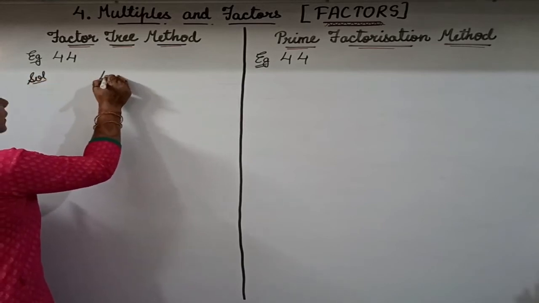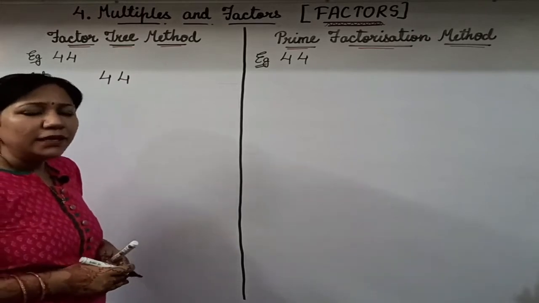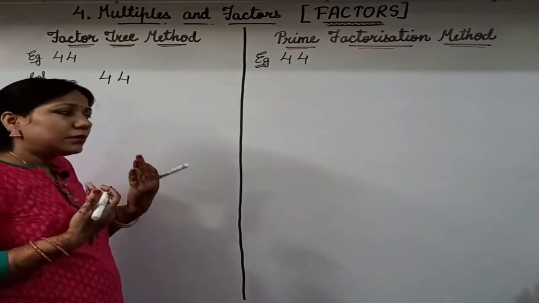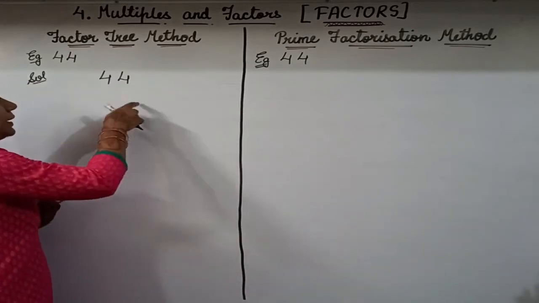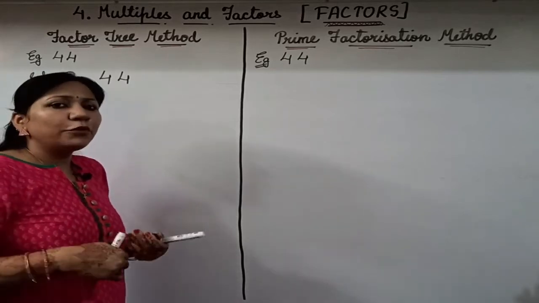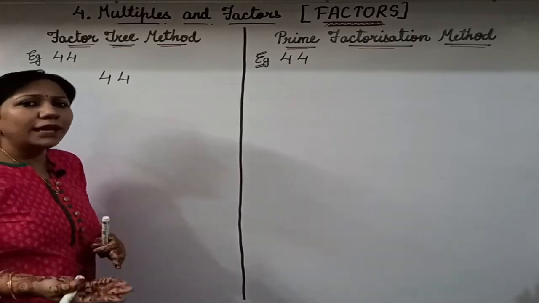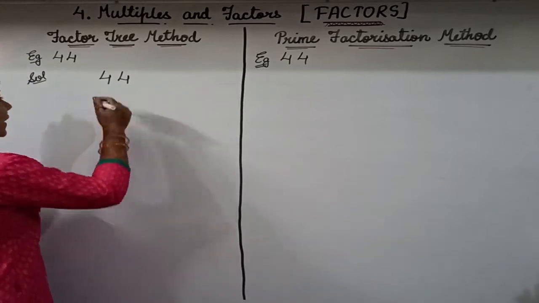Very first you will write the number 44 at the top, and then just find out from your own side what are those two numbers which, multiplied, give 44. Some of you will say 2 into 22, or you may say 4 into 11, because 11 fours is also 44. Both ways it is correct.